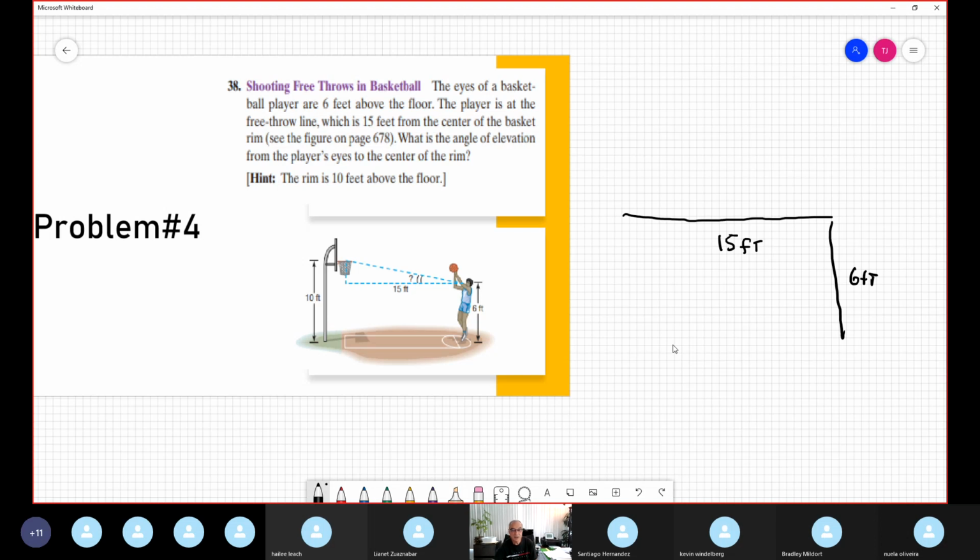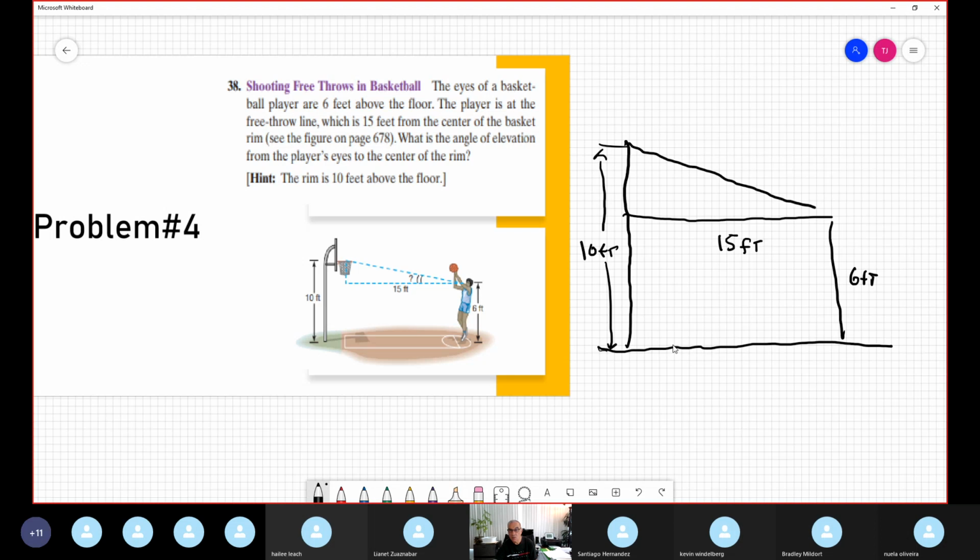And the basket is located at 10, no? 10. This is a little bit, 10 feet. That distance. This is the ground. And let me complete the triangle. And they want to know this angle of elevation.